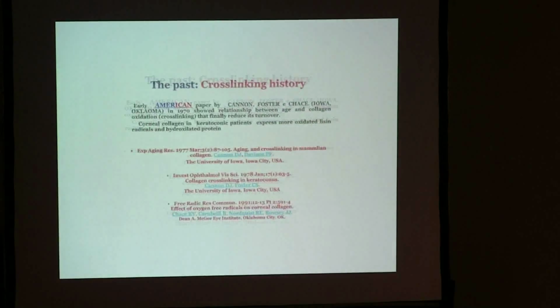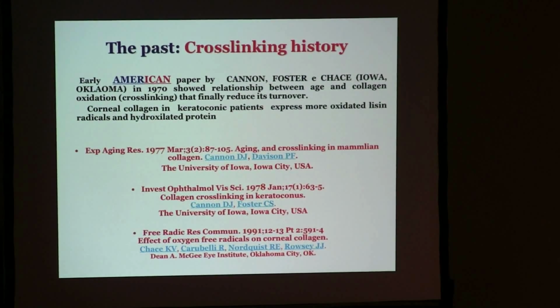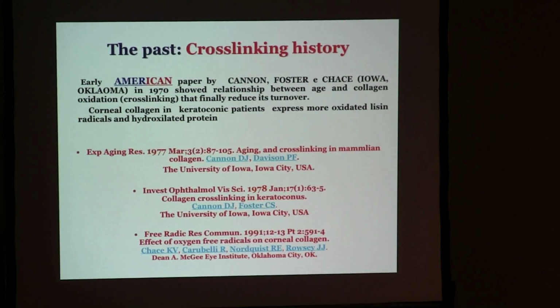The real truth is that all the innovative things are discovered in the US, and the first trace of corneal cross-linking is this. In 1970, Cannon, Foster, and Chase started to describe the relationship between age and collagen oxidation in the cornea.